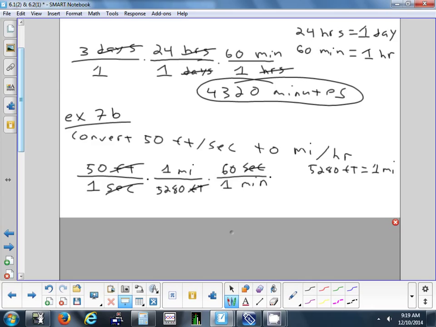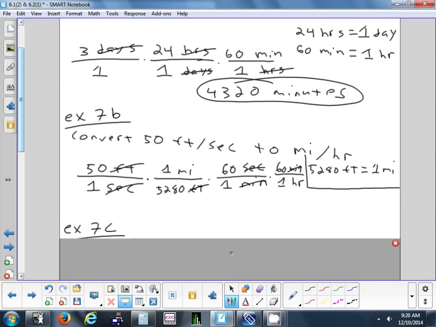And one more step to get it into hours. In 60 minutes, that's 1 hour. Then look at your units, minutes, minutes. Now we just look at our final units, make sure everything's good, miles and hours, and multiply straight across.